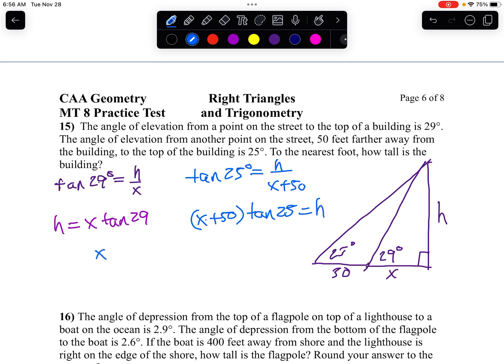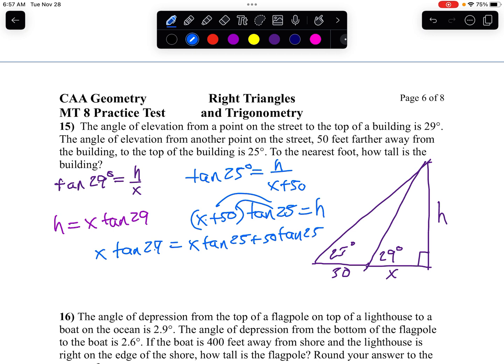So that is X times the tangent of 29 equals, let's distribute that tangent 25. So I'll get X times the tangent of 25 plus 50 times the tangent of 25.